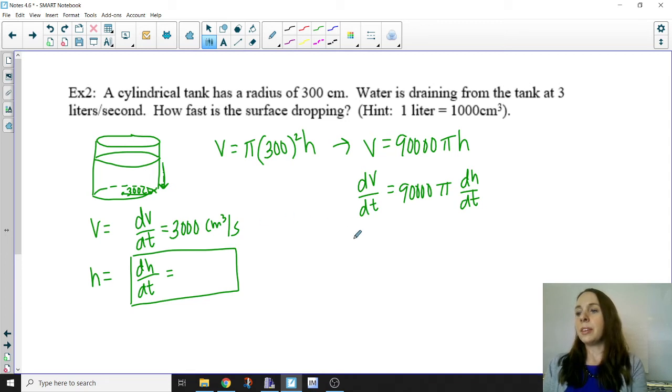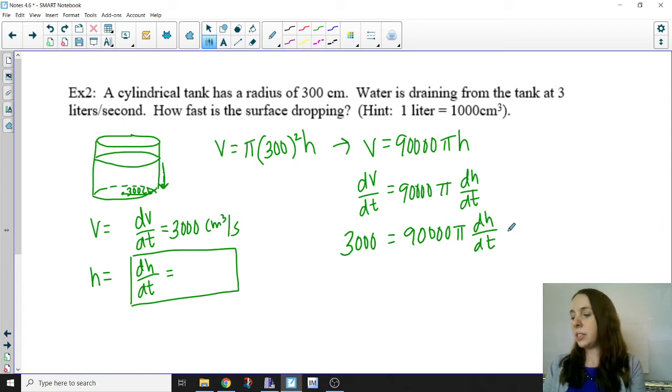So filling in the known information is now just filling in 3,000 for dv over dt. And we are ready to solve for dH over dt. Dividing by 90,000 pi will do that, and I just reduced that fraction to 1 over 30 pi.